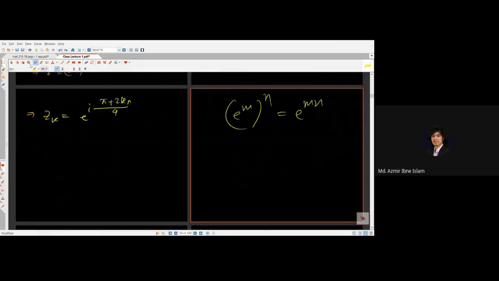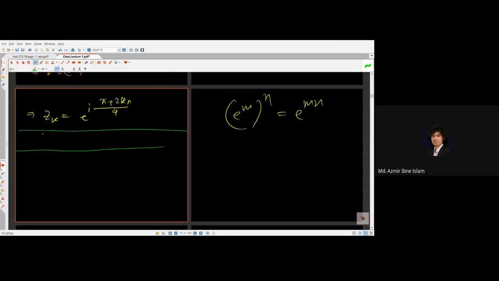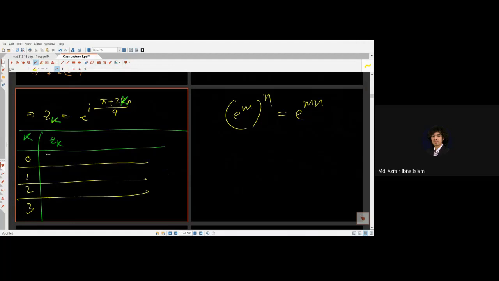Okay, so again, let me use a table so that you can understand properly. k and zk. This is k. So we will have 4 roots: 0, 1, 2, 3. z0, z1, z2, z3.